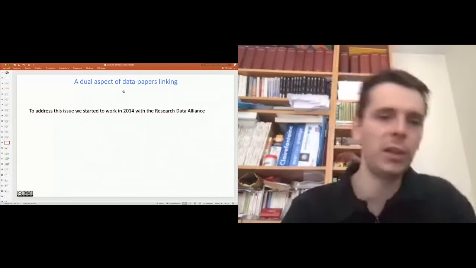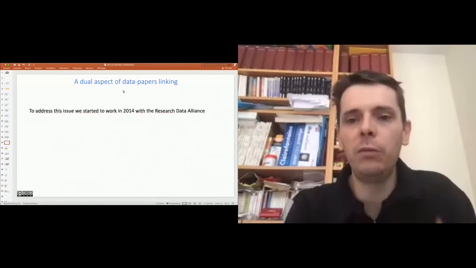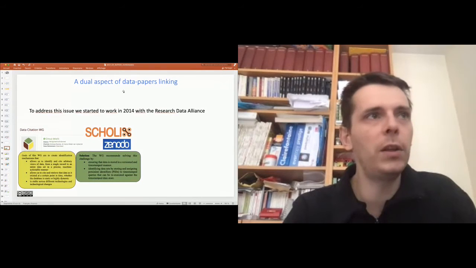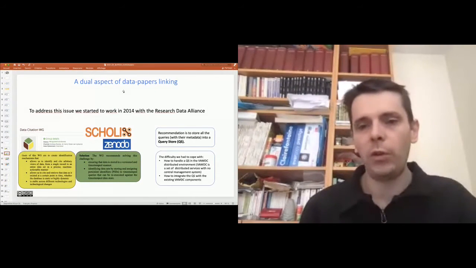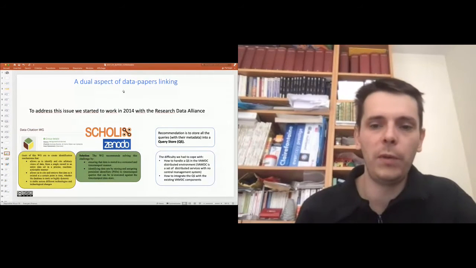To address this issue, we started working in 2014 with the Research Data Alliance, together with the Data Citation Working Group and the Scholix initiative. The data citation recommendation is to store all the queries with their metadata in a query store.